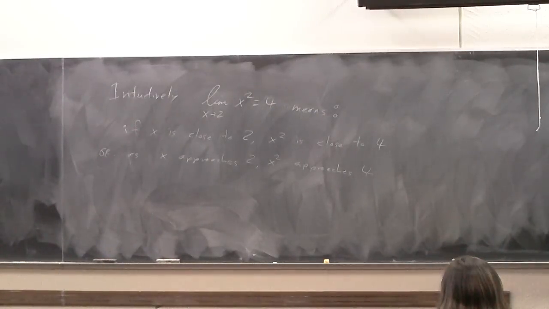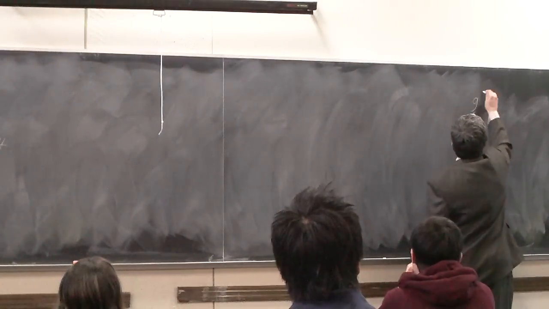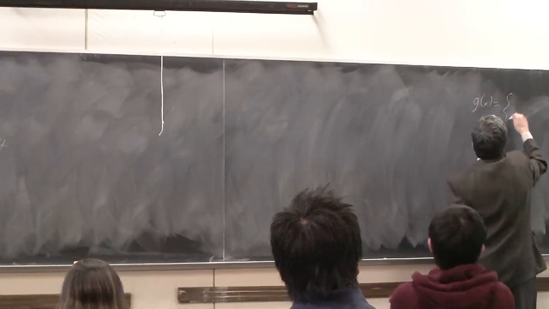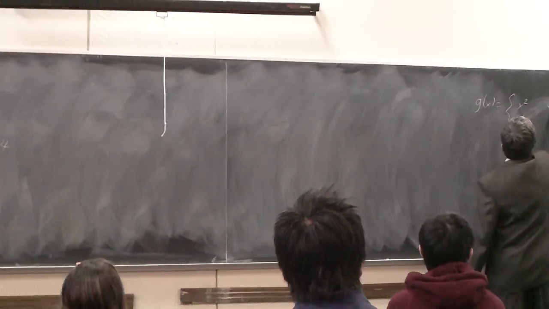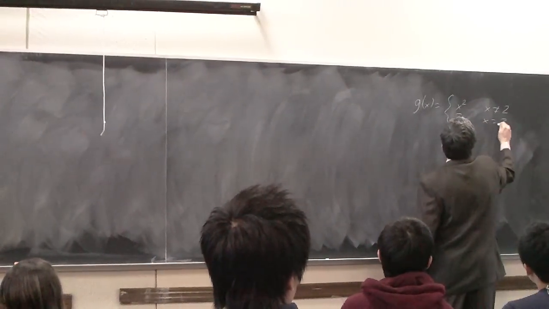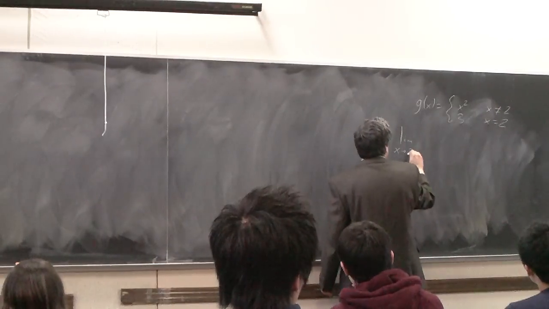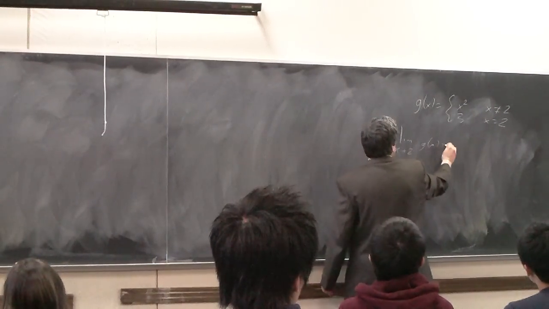Okay, so let's take this function here. We'll come back to this later. Let's say g of x is equal to x squared for x not equal to 2, and 3 for x equal to 2. Okay, so what is the limit of g of x as x goes to 2? Let me graph the function.